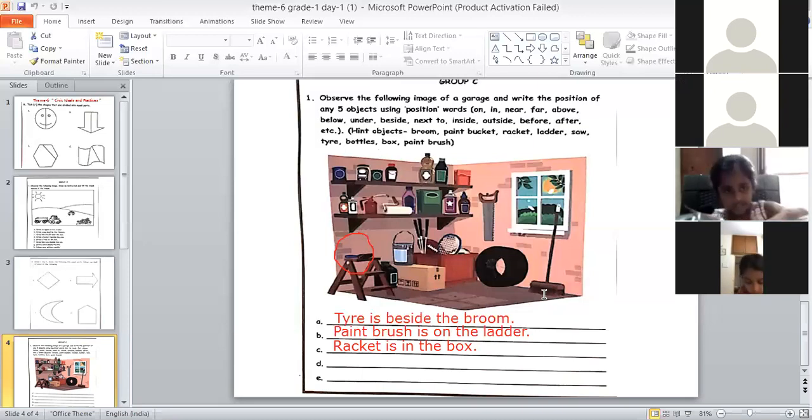Now, Dhruti. Yes, ma'am. Tell me any other sentence. Dhruti, can you see this saw here? Yes.